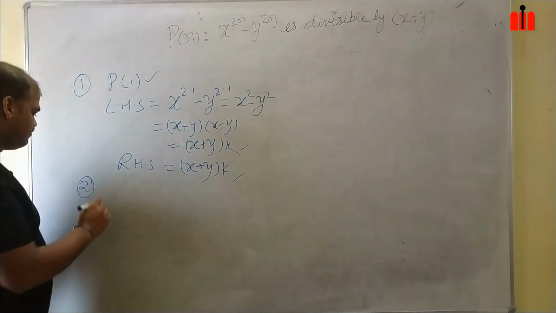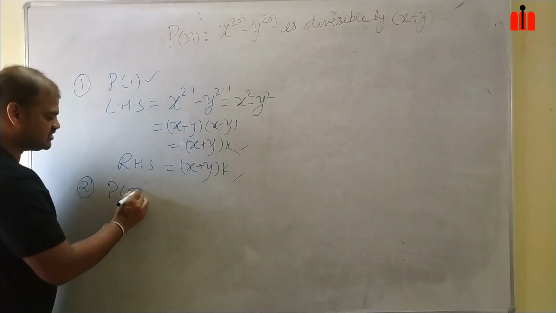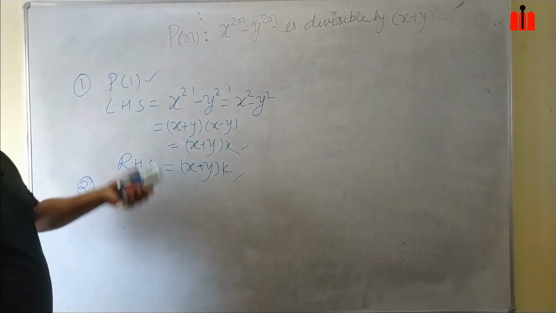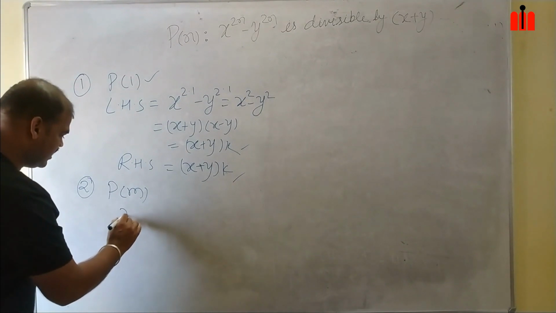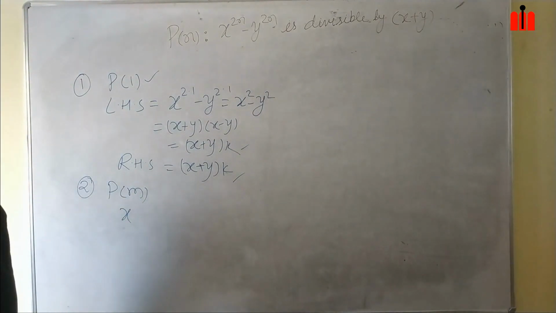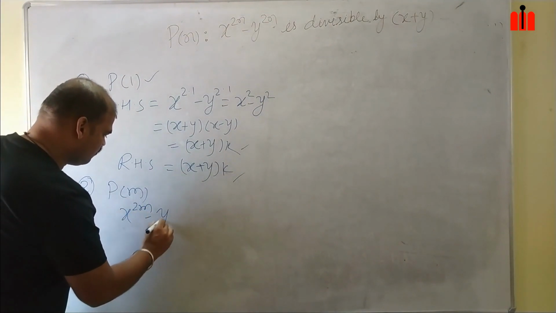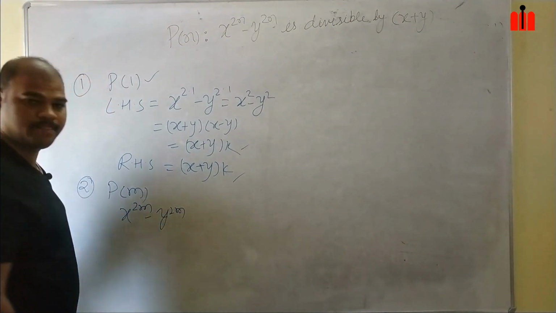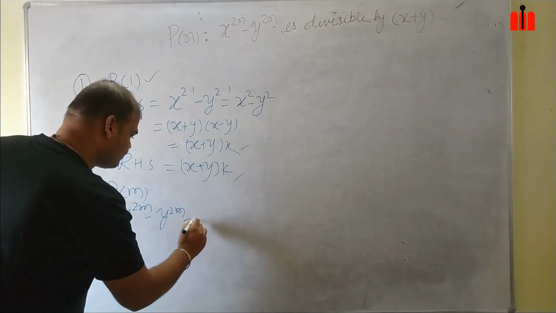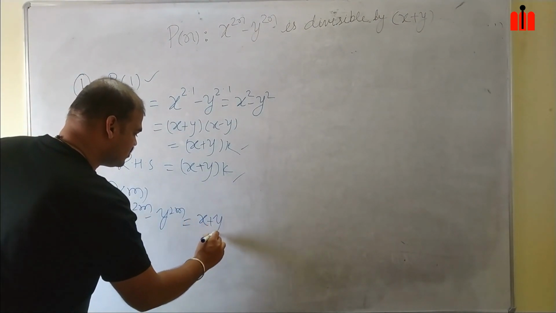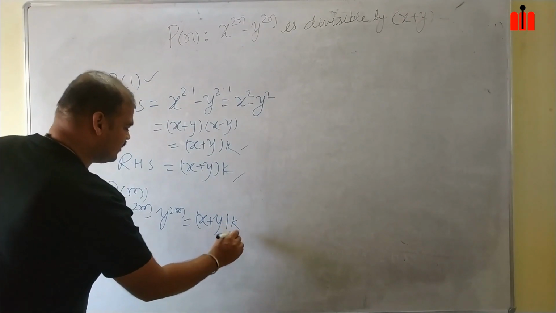In my assumption step, I will write my Pm statement. Now in my Pm statement, what will be my L.H.S? I will substitute n with m. Then it will be x to the power of 2m minus y to the power of 2m, and this is equal to x plus y into k.